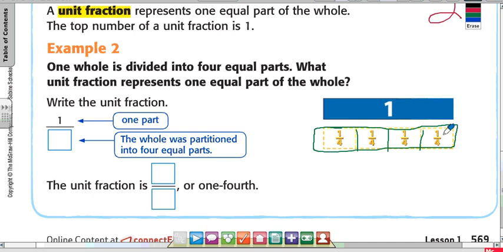The whole was partitioned into 4 equal parts. So how many parts are there altogether? 4. So the unit fraction is 1/4. Kind of like $1. How many quarters does it take to make $1? 4 quarters.